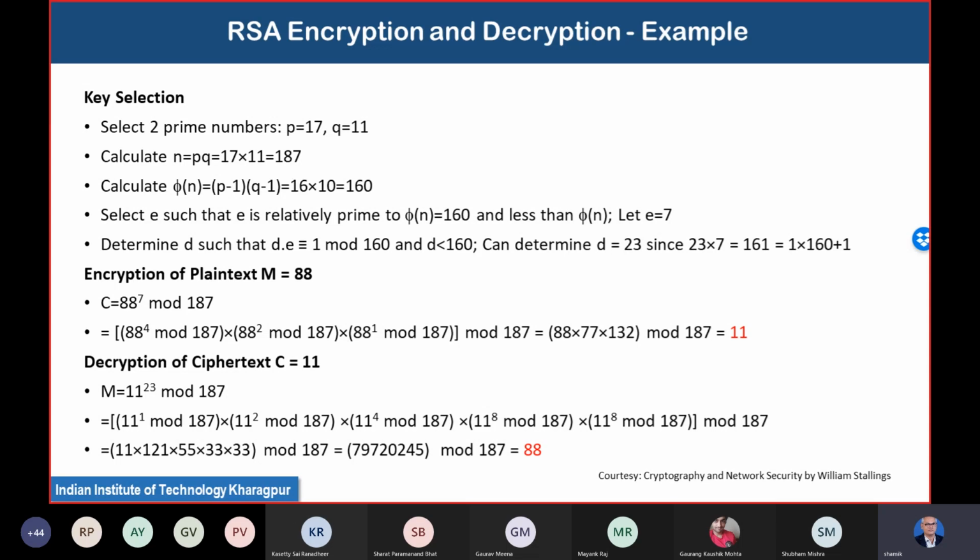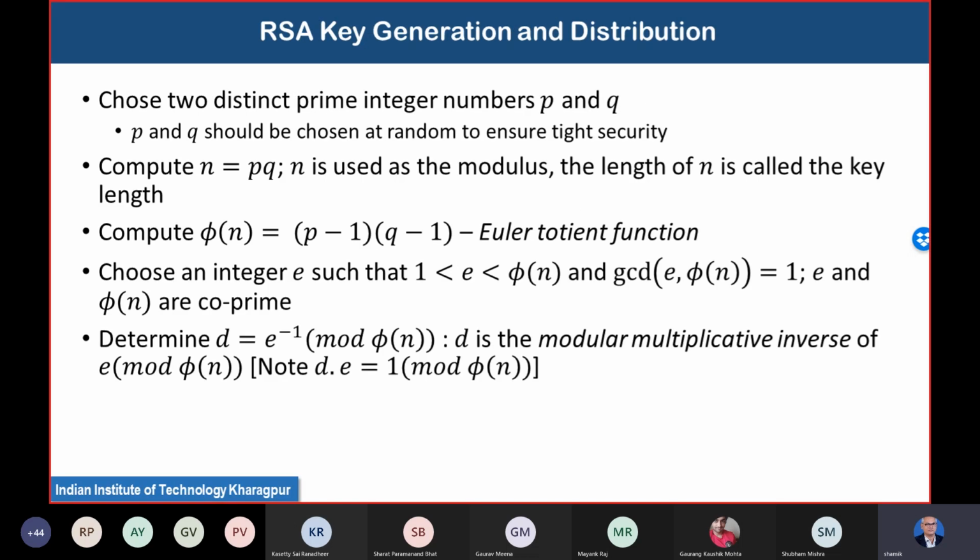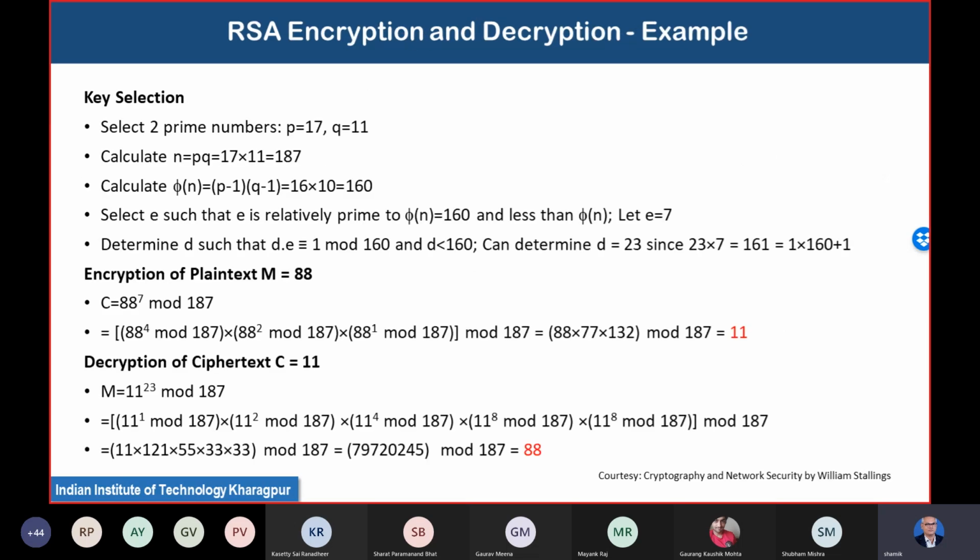Now we have to select e such that e is relatively prime to phi n, that is 160, and less than phi n. This is the fourth step: choose an integer e satisfying these properties. There could be multiple such e's which would satisfy, and we choose e equal to 7.